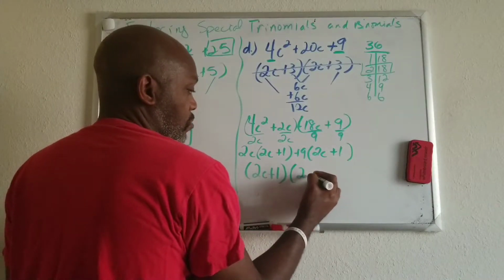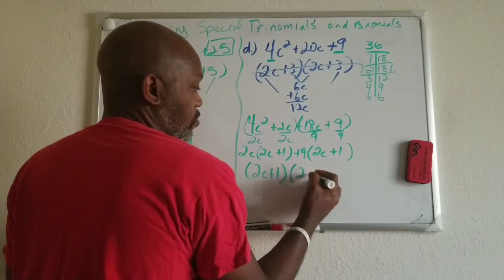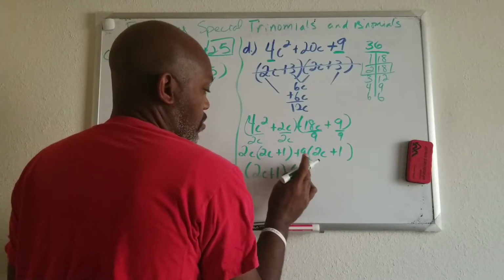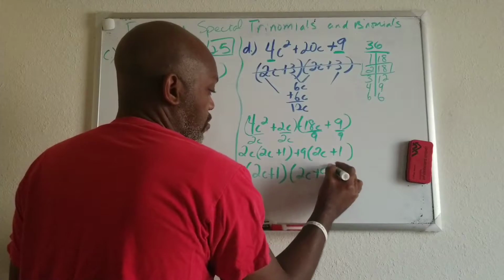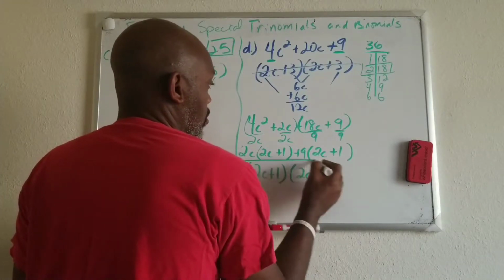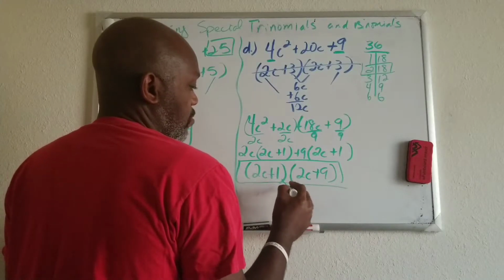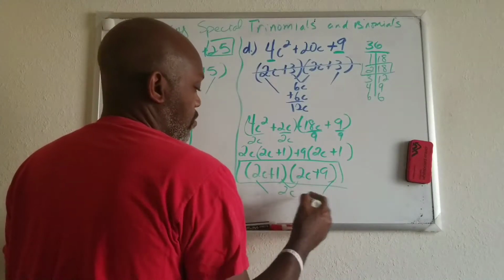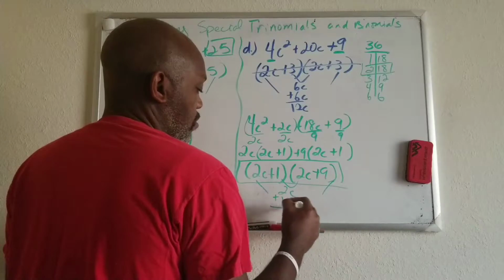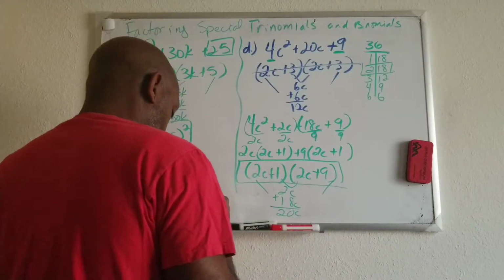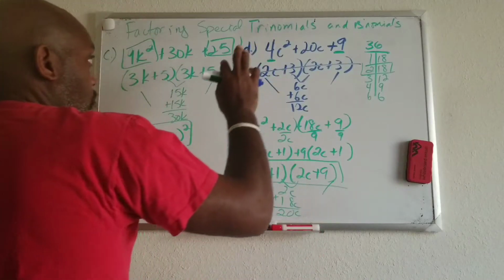And then 2c plus 9. All right, and that's your answer for that particular problem. 2c, and then you have your 18c, which gives you your 20c. So that's your answer. Okay, so yes, you can try the shortcut.